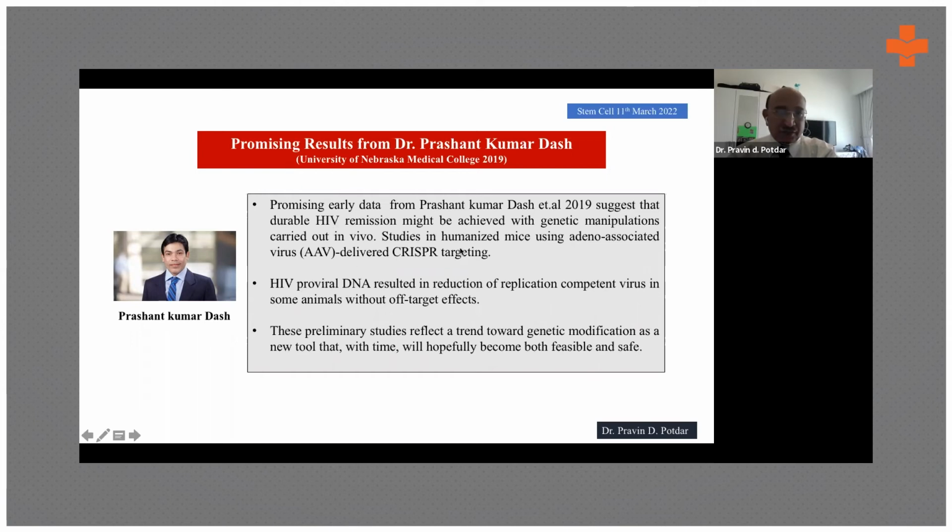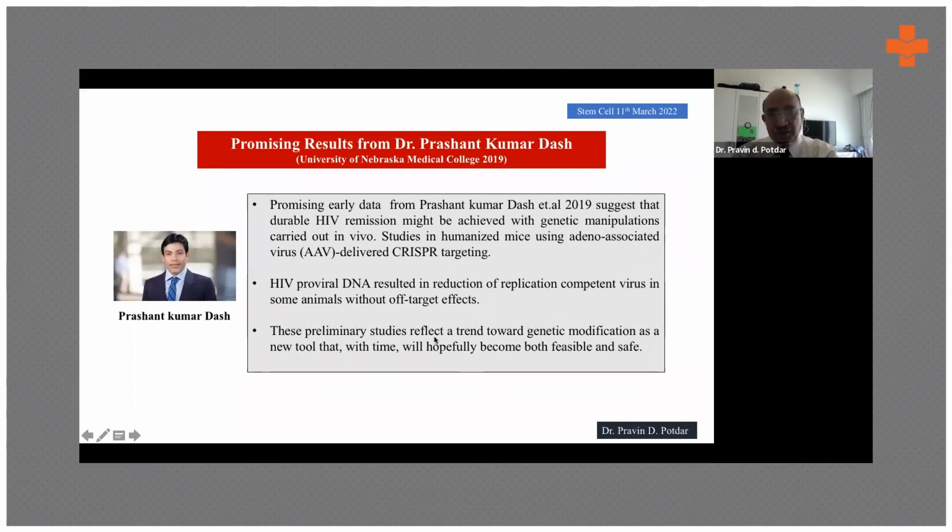See, he has used CRISPR technology, which is presently a hot topic because it won a Nobel Prize also, and it is a very, very easy and useful technology for gene editing. Targeting HIV proviral DNA resulted in the reduction of replication-competent virus in some animals without off-target effects.